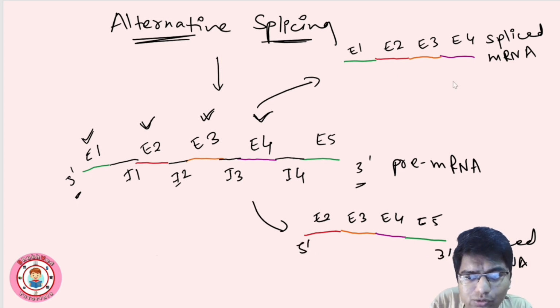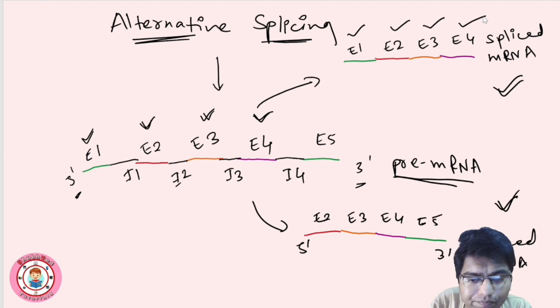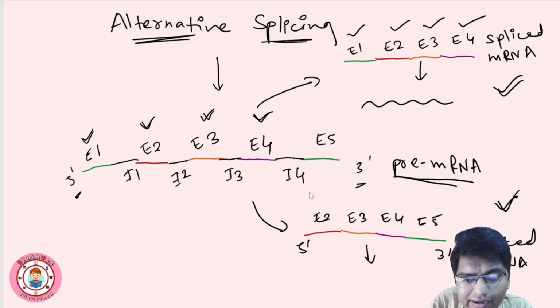Okay, so these two types, मतलब एक ही प्री एमआरएनए से हमें दो प्रकार के एमआरएनए मिले, राइट? In the first case, we have exon 1, exon 2, exon 3, exon 4. Okay, this case में different protein. In the second type, we have E2, E3, E4 and E5.